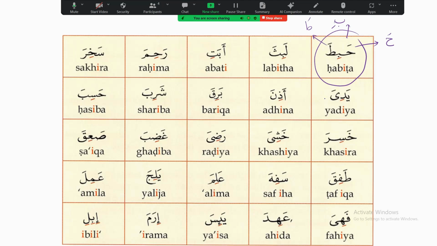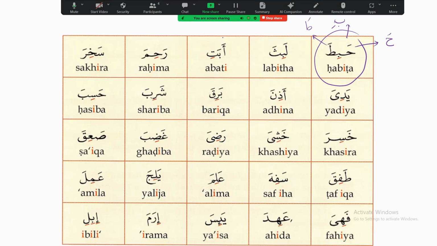So this exercise has fatha as well as kasra. Habita, like this. Ha, bi, and ta is a heavy alphabet. Ta, habita. Lam fatha la, ba kasra bi, tha fatha tha, labitha, like this.